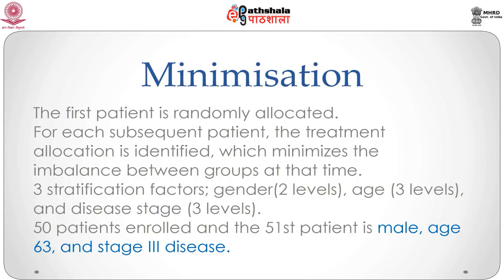So we look at all the males and see whether there are more on treatment A than on treatment B. We can look at everyone age 63 and do the same, and similarly for the stage 3 disease.